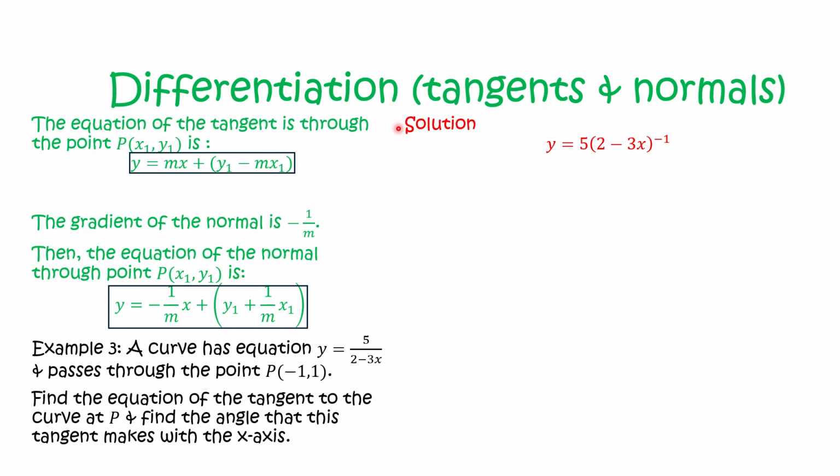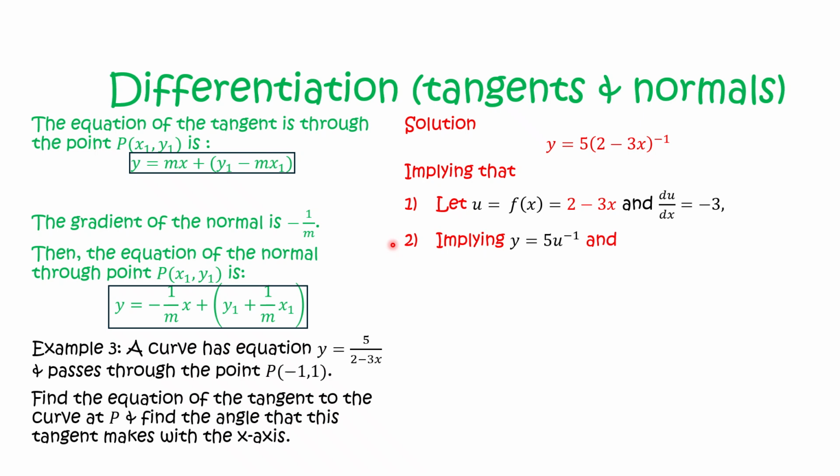y is equal to 5 times 2 minus 3x raised to the power minus 1. Of course, we would recall that we can use the substitution method, known as the chain rule. In so doing, we let u be equal to f of x, the inner function, as our first step, so that we obtain du/dx to be minus 3 when we differentiate f of x.